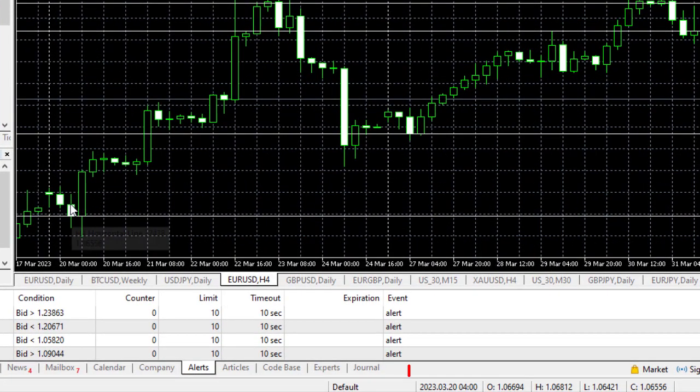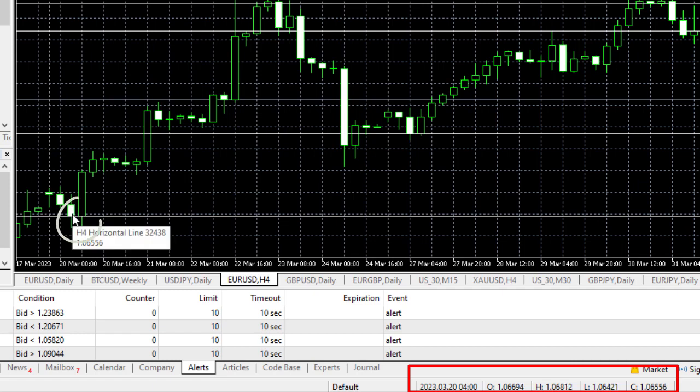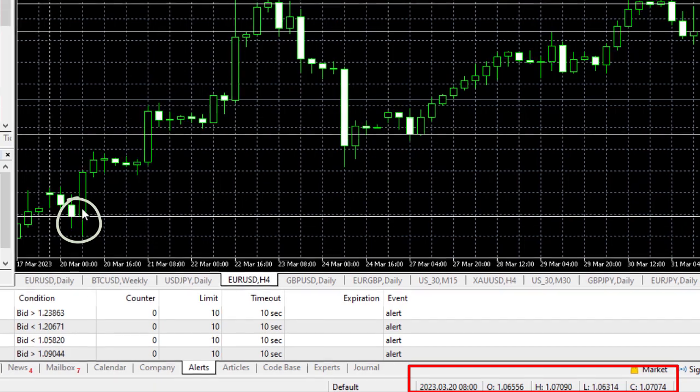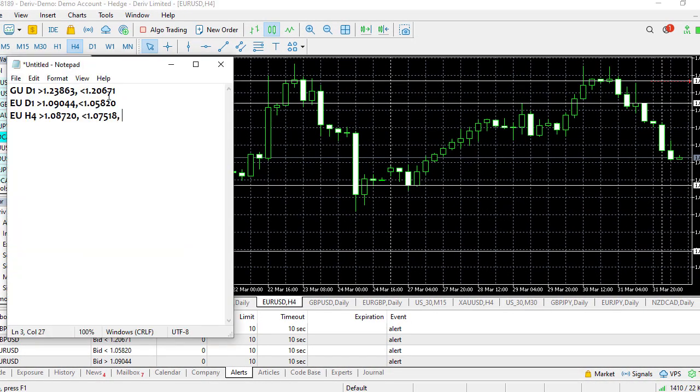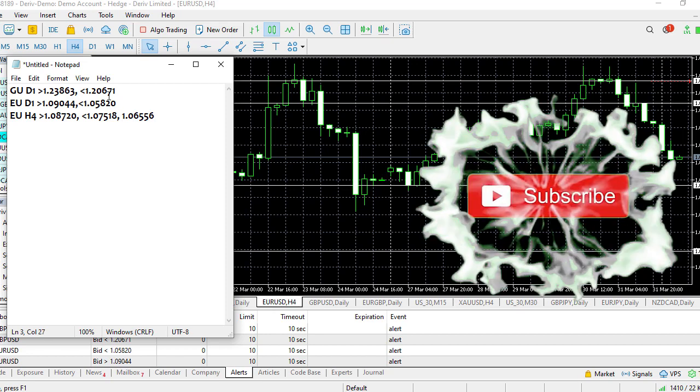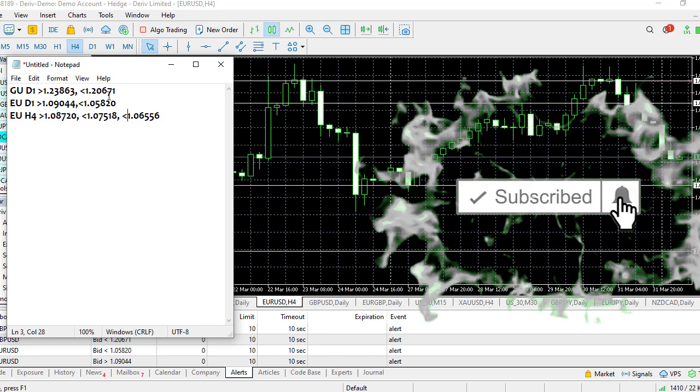So this one is sell buy, so the close price is 6556. Open price is 6556. So come on, 1.06556. Now this whole process is actually very simple. Once you do it once, you find that you're already getting used to it.